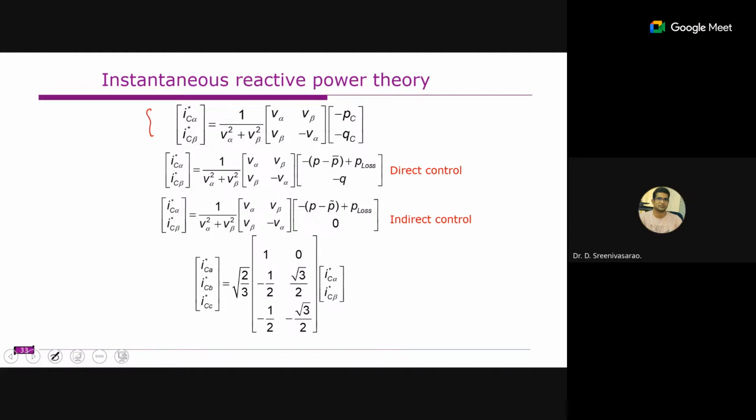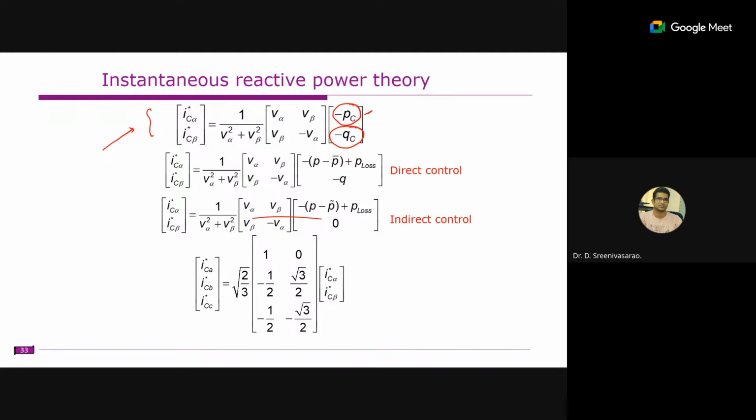This is the matrix here, and these are the compensating powers that we want to eliminate, and these are the reference currents for the D-STATCOM.